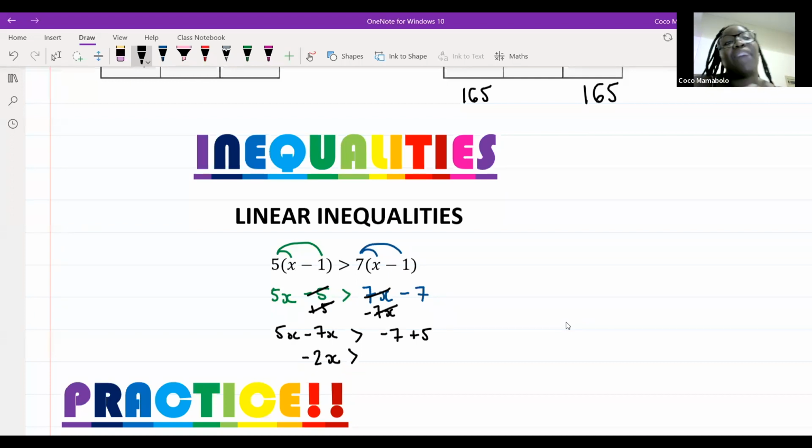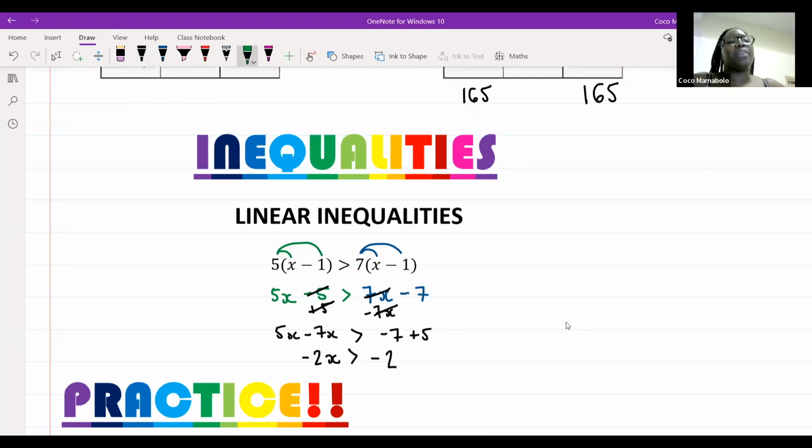This is greater than negative 7 plus 5. What is negative 7 plus 5, guys? Negative 2. Thank you, Landile. I see your answer. It's negative 2. And now we end up with negative 2x is greater than negative 2. I'm going to do something really funky, and I want you guys to stay with me here.